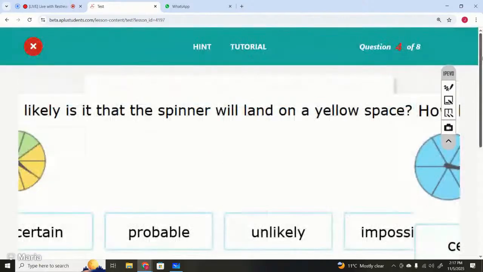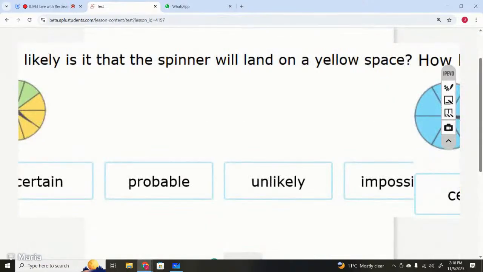Okay, the next one is how likely is that the spinner will land on yellow space? Now, in this case, I can't count the yellow, right? One, two, three, four. I think four of the portions are yellow and the rest of them are green.